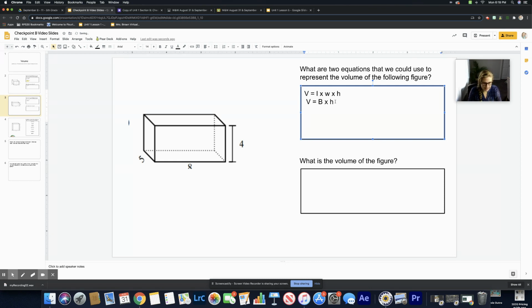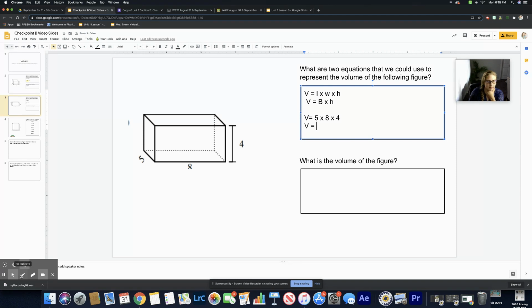So just plugging in my numbers for my variables, I have volume equals length 5 times width 8 times 4 height. And this could also be 8 times 5 times 4, depending on what you choose to be length and width.